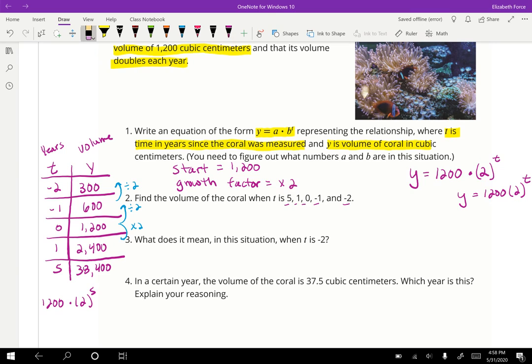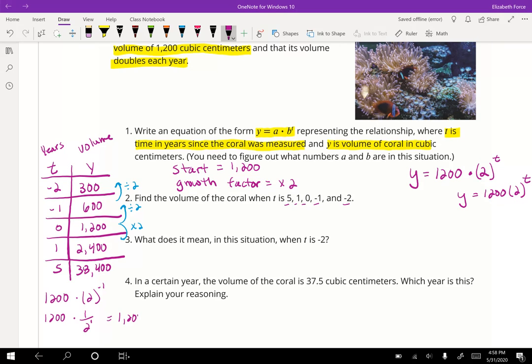Now, if you wanted to see that done with algebra, I'll show you. This would be 1,200 times 2 to the negative 1. Anything to the negative power is just a fraction. So this is 1,200 times 1 over 2 to the positive 1, which is just a half.